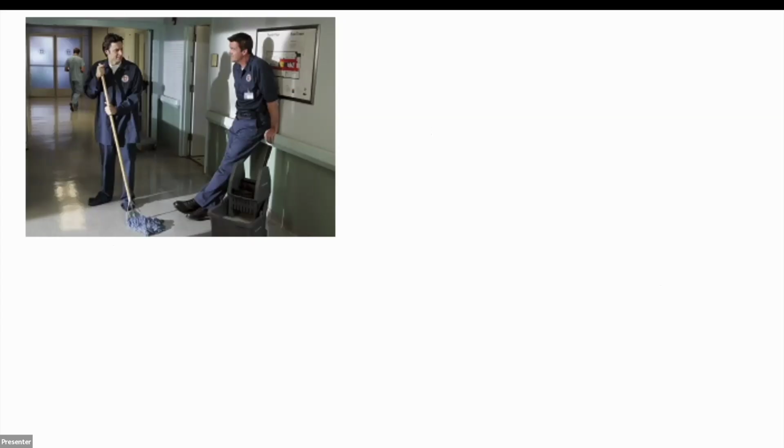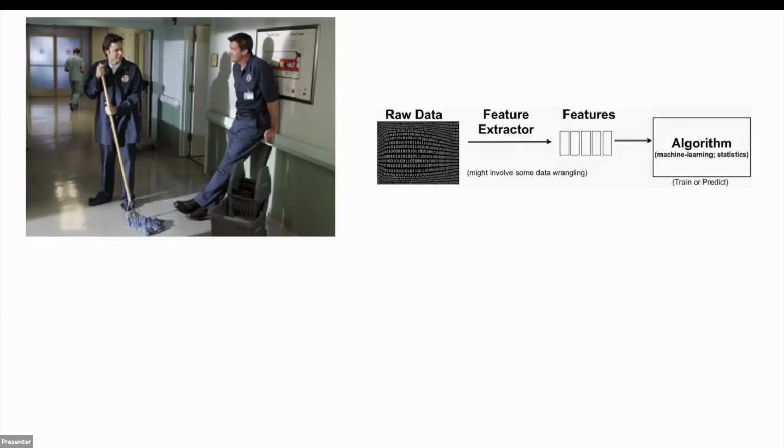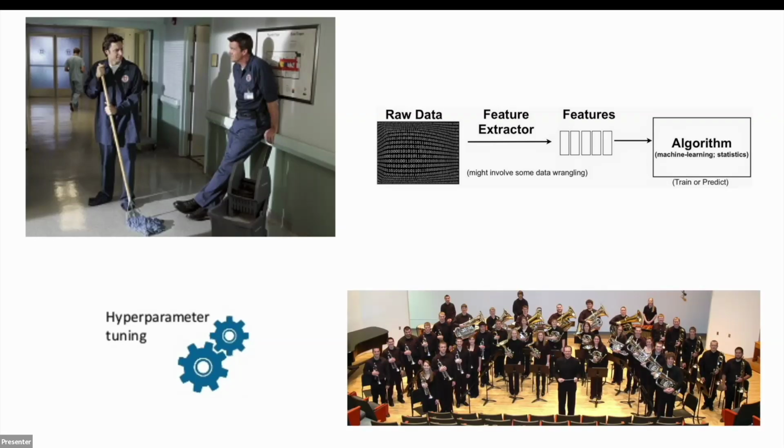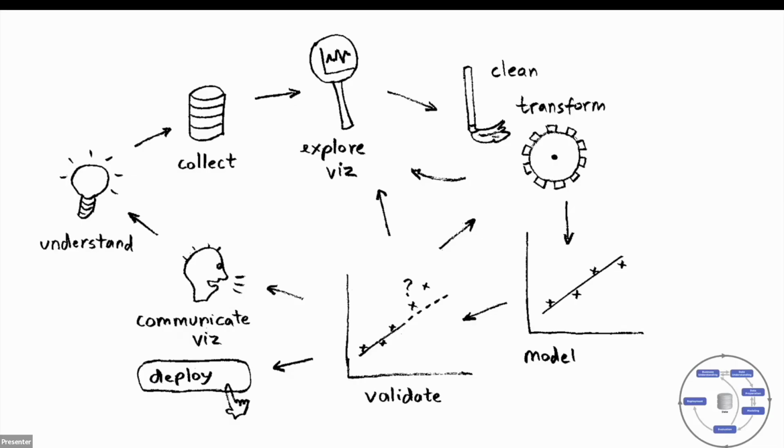And of course, what matters for machine learning is also how you clean your data, how you create features, how you tune your hyperparameters, and also maybe you run several algorithms and create an ensemble, which also improves performance.